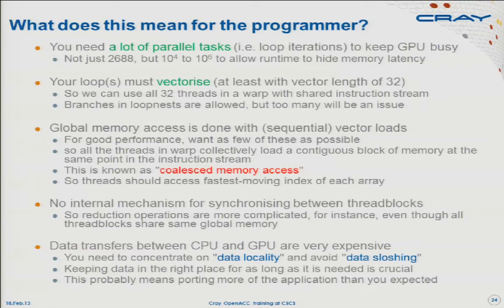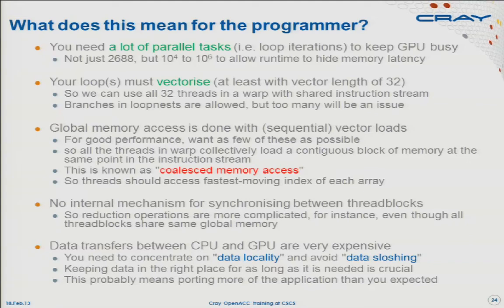This is called coalescing in CUDA. What it means in terms of OpenACC, which is very much loop-based and array-based, is that the fastest moving index on your array should be the one that's being divided up as these vector instructions, the inner loop of your loop nest.